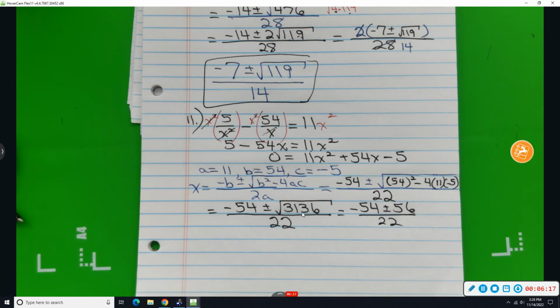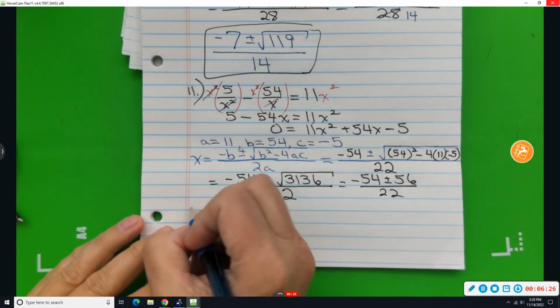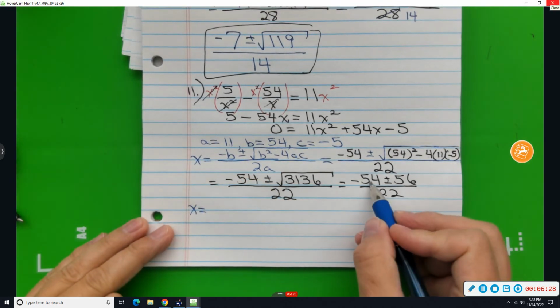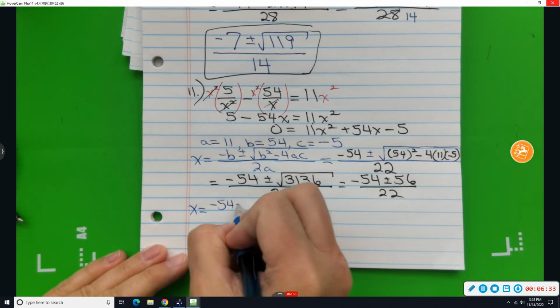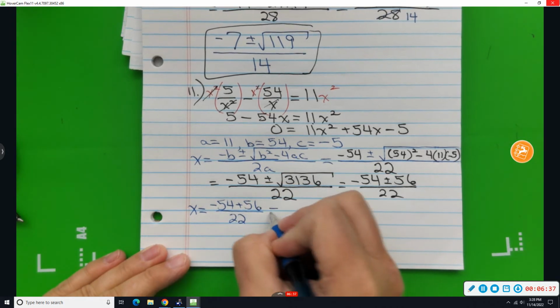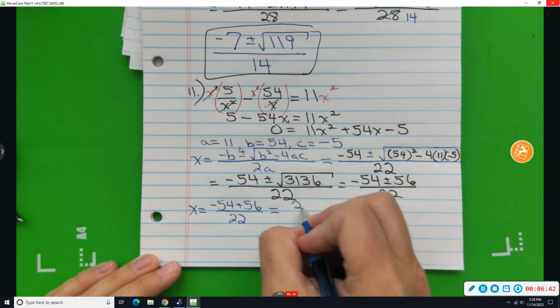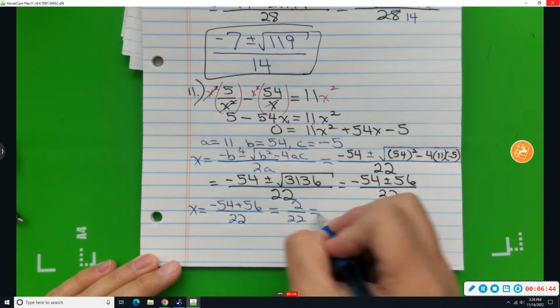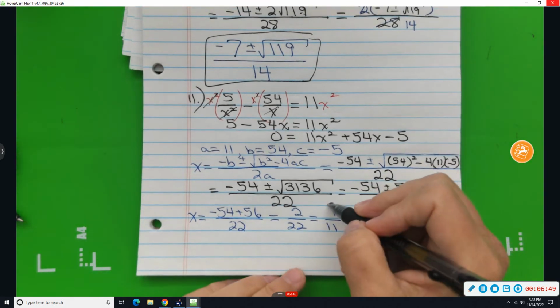So we have two possibilities. Don't stop there. We can reduce further. So x is equal to, let's break it into cases. Negative 54 plus 56 all over 22. Negative 54 plus 56, that's a positive 2 over 22, which is equal to 1 over 11. So there's the first answer, 1/11.